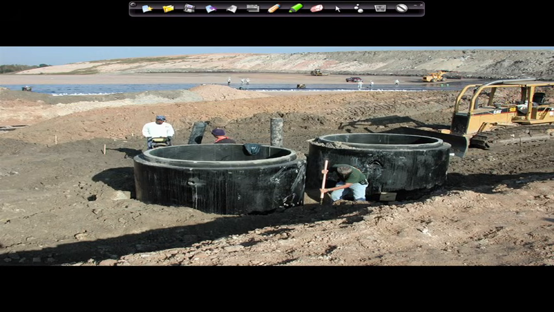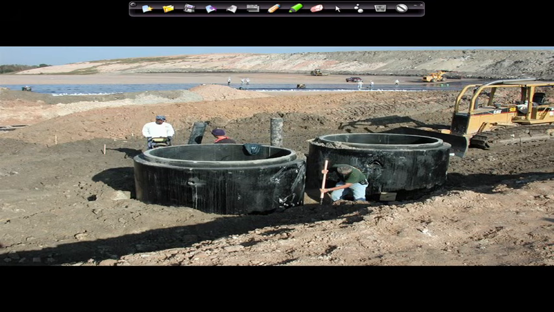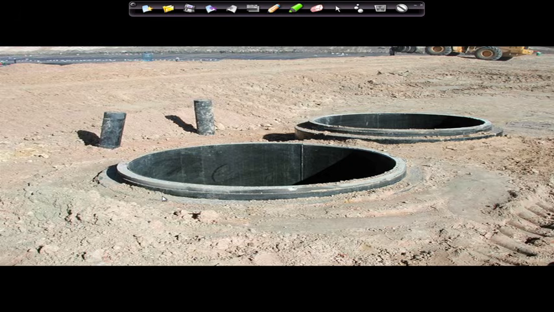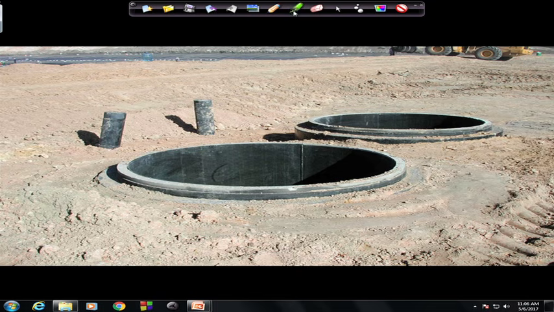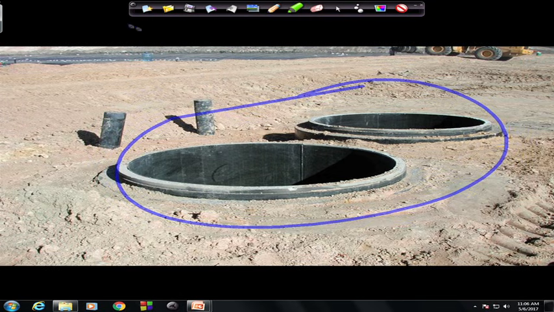These are the pumps. The pump station in the sketch is what you see in this picture. Those are the wells you were looking at in the sketch. Our leachate is transferred outside the landfill and comes into these wells.